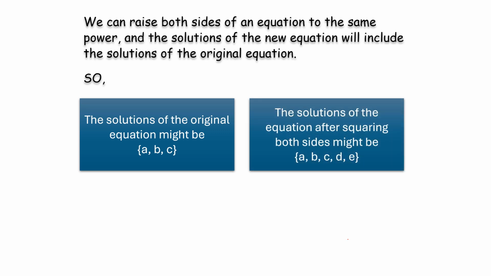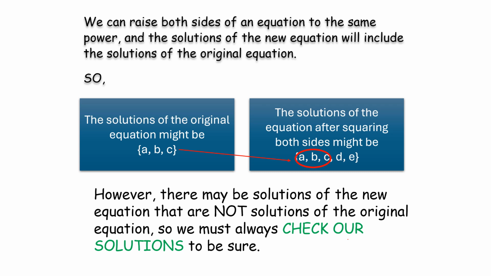The solutions of the equation you get after squaring both sides might be A, B, C, D, E. So even though it does include the solutions to the original equation, it also may include other solutions that are not actually solutions to the first equation. That's why you have to check, because sometimes you get one of those extra solutions that actually does not work in the original equation, because when you square both sides or cube both sides, you are adding solutions.